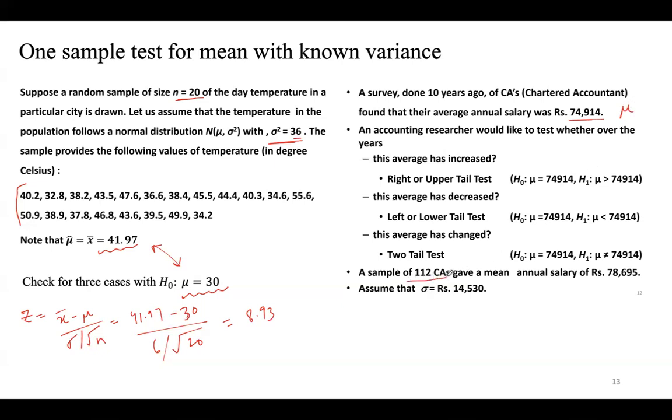Now a sample of 112 CAs gave a mean of this thing, and a sigma is given to you. Again, it's the same question, right? You now have sigma, you have n, you have x bar, you have mu. Again, you can do the three cases. Would you like me to solve this?